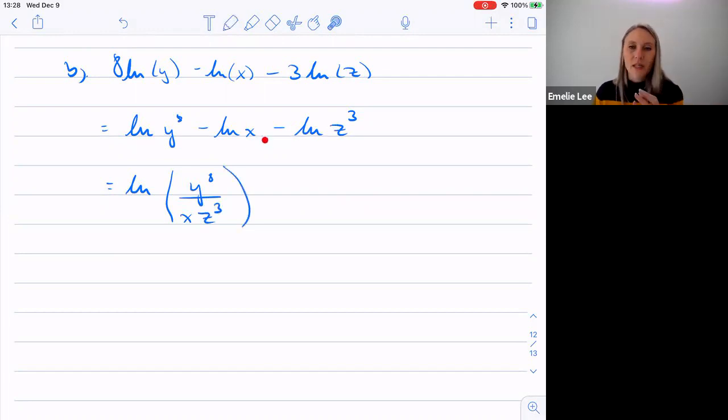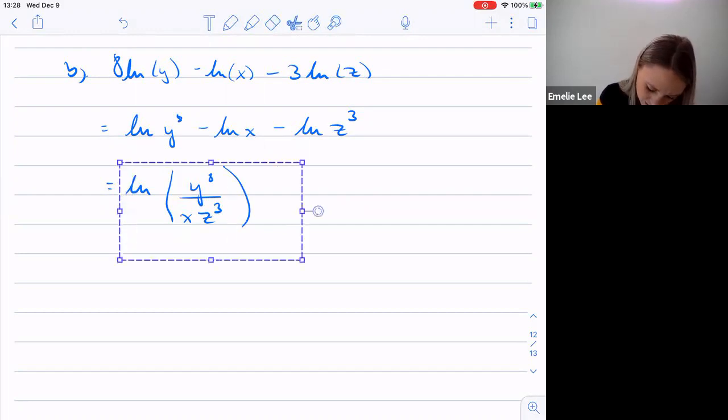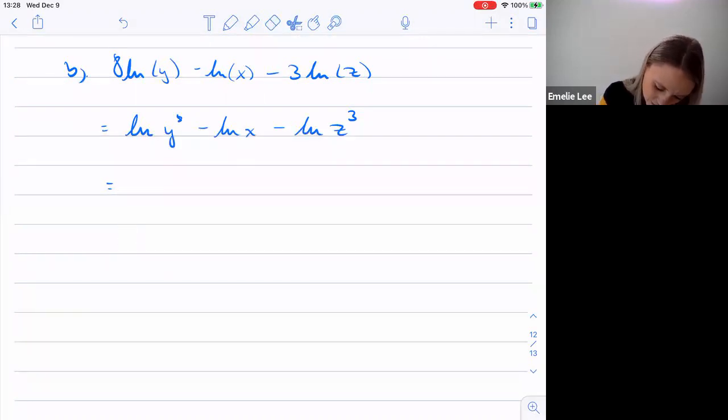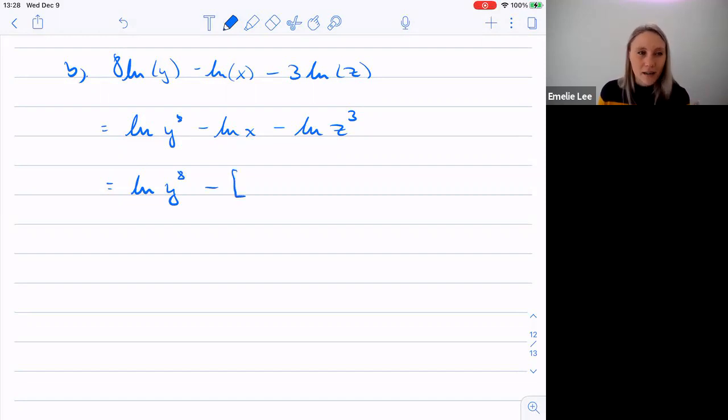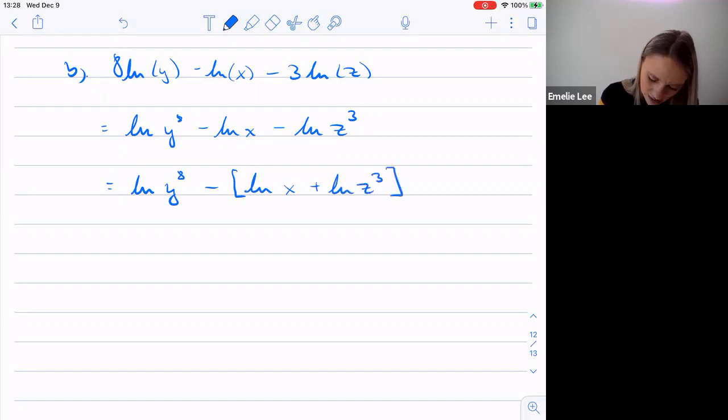I combine these into 1, and in fact, just to show you where it came from, maybe I should not skip that step. I can rewrite this as log of y to the power of 8 minus, and then in brackets, the log of x plus the log of z to the power of 3, right? If I expand this negative inside, I haven't changed anything.